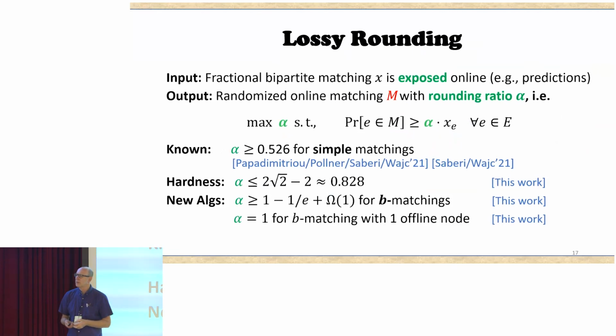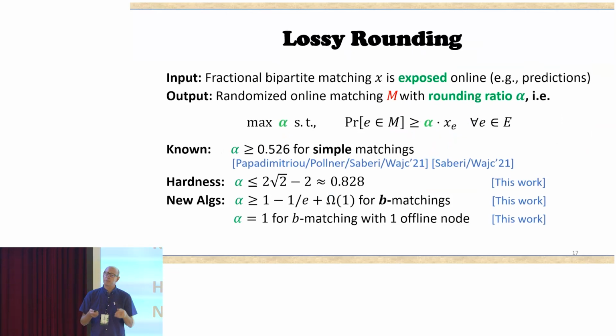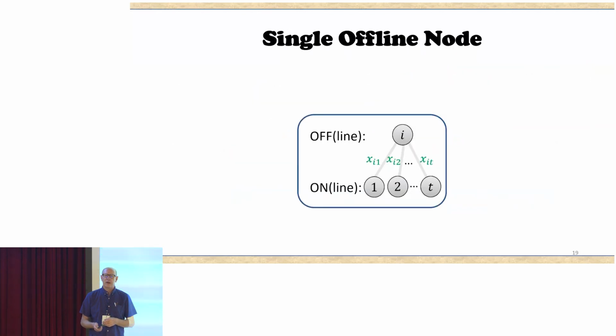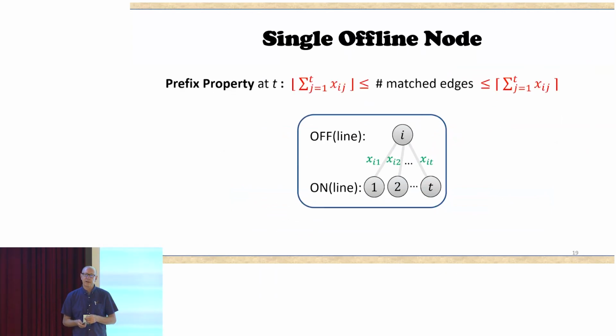So let's start with a case where we have only one offline vertex and many online vertices which appear one by one. This is our offline vertex I, and we have the neighbors 1, 2, etc. appearing one by one.